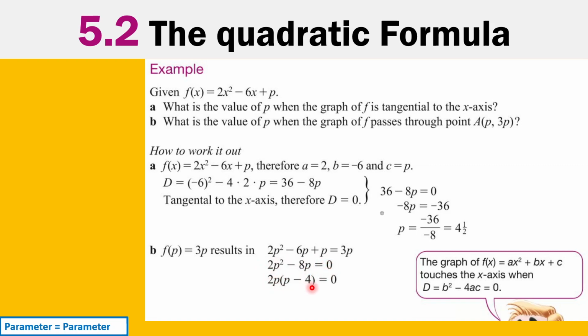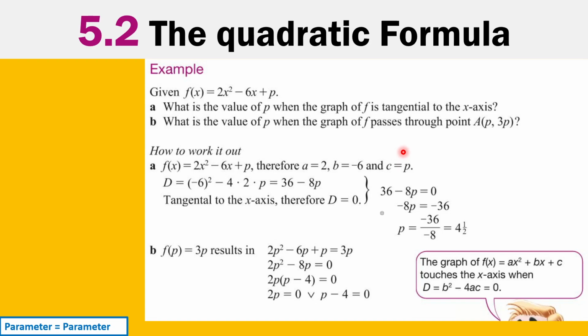You can just use this method here, right? If I now get the 2p outside the brackets, I have a times b equals 0. I can now immediately say that the first thing here has to be 0, or the thing inside of brackets, the b, you can say has to be 0.